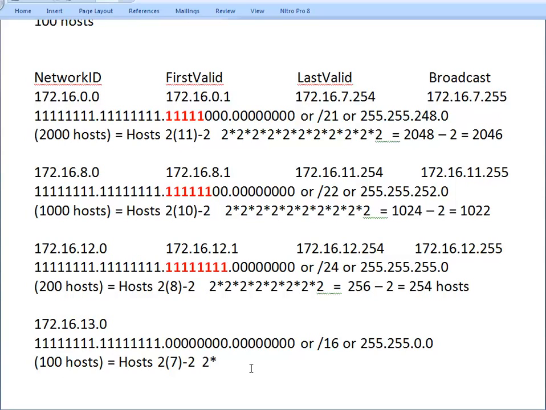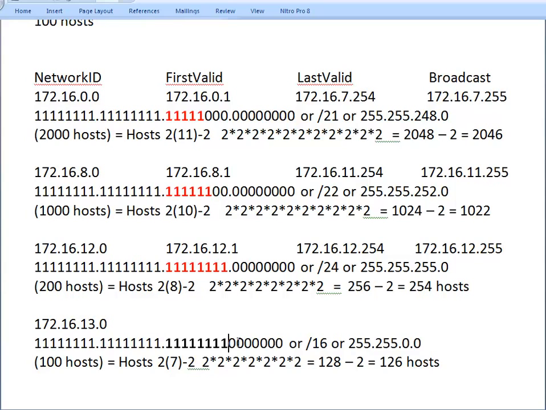So the formula will become 2 to the power 7: 2 times 2 is 4, times 2 is 8, 16, 32, 64, 128. So this is 128 minus 2, we're talking about 126 hosts. That's enough. That's what we need. So 7 zeros we reserve. The rest will become 1. So here, 1, 2, 3, 4, 5, 6, 7, 8, dot 1. And I'm going to write it in red as well.